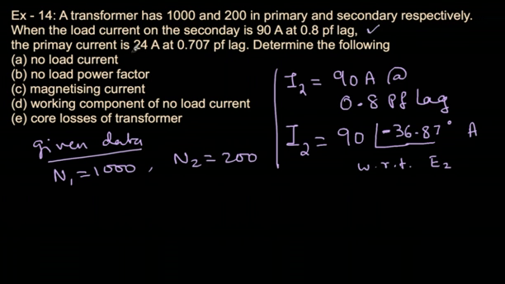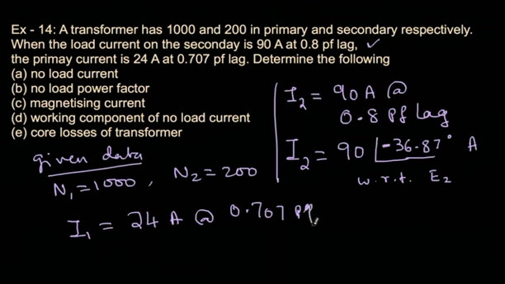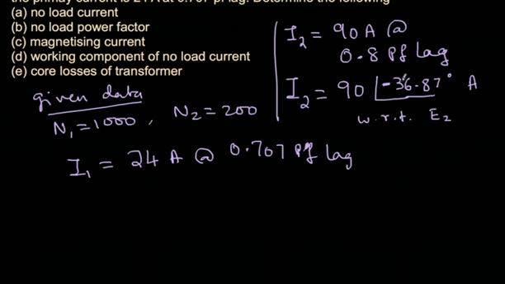The primary current is 24 amperes at 0.707 power factor lag. So I1 is equal to 24 amperes at 0.707 power factor lag. Notice that the power factor of the secondary is 0.8 and the power factor of the primary is even worse than 0.8, which confirms it, because the secondary is a lagging power factor load.